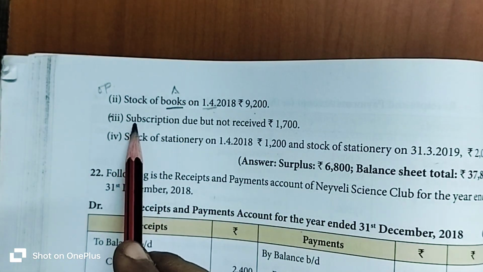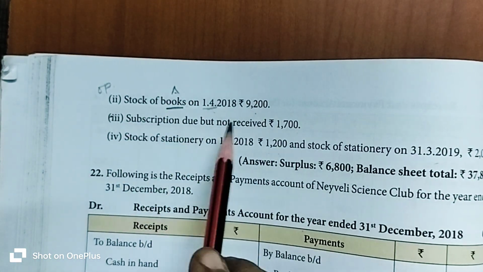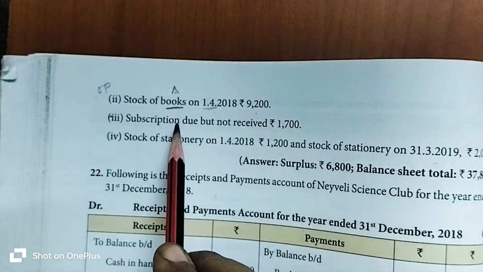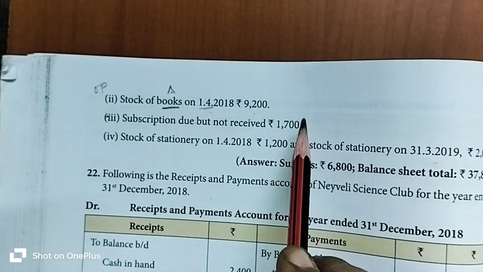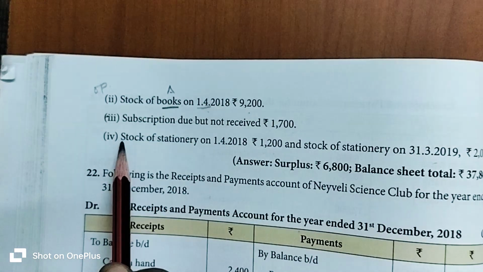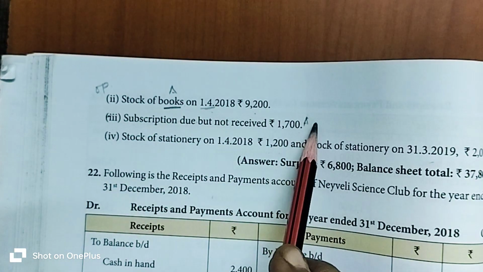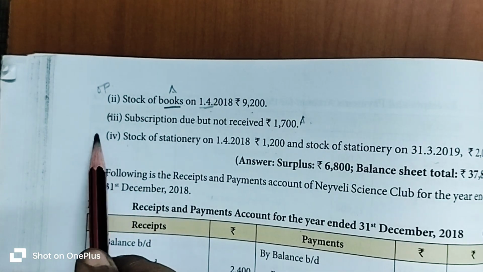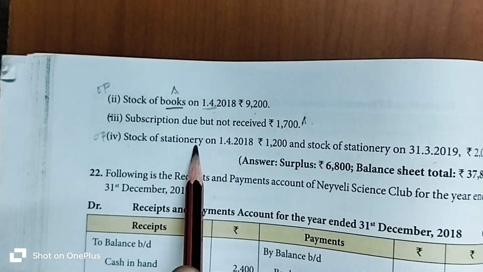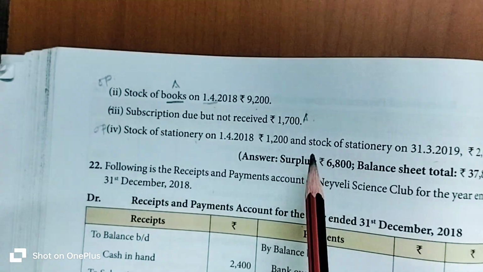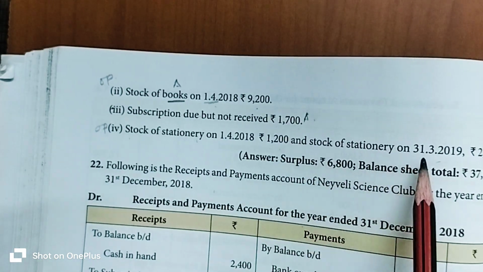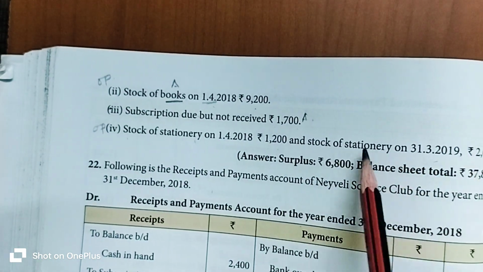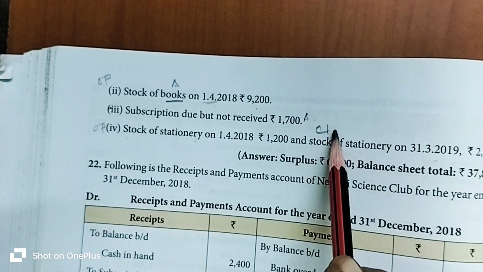Okay. Then subscription due but not received, this is the outstanding subscription. It will be added with the subscription account. Okay. Then stock of stationery, this is the opening balance of the stationery, and stock of stationery on 31/3/2019, 2,000 rupees. This is the closing stock of the stationery item.